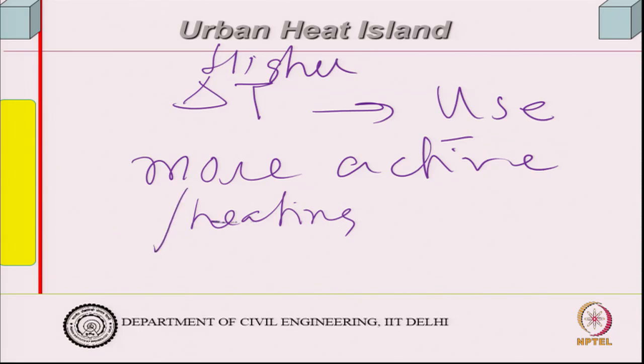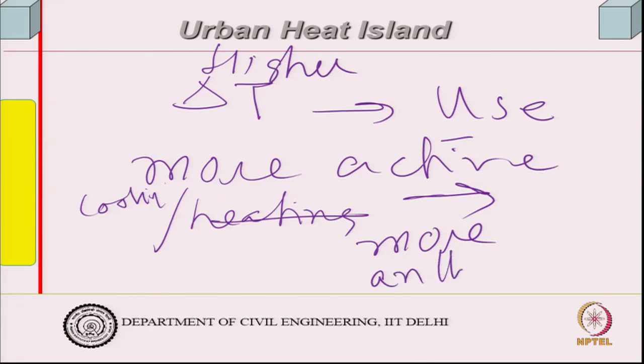I mean cooling, of course, not heating, because of higher temperature. So, more active cooling system you would like to utilize. Therefore, the cascading effect means the more active cooling system, the more anthropogenic heat will be generated, and therefore it will have a tendency to increase it even more.